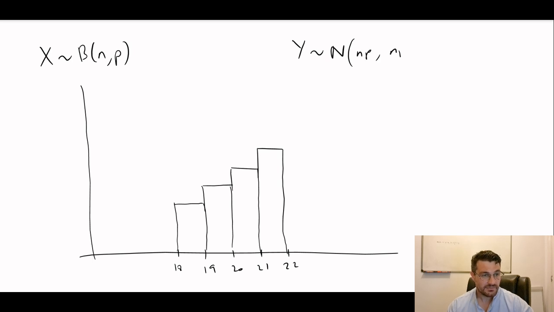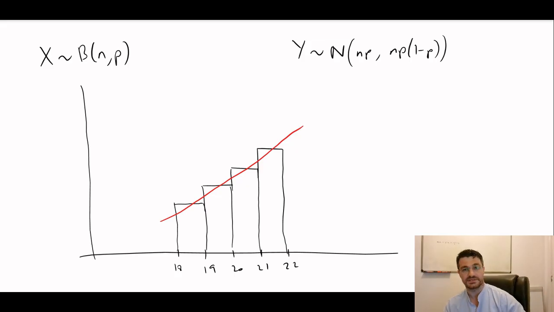np(1 minus p). Okay. And let's suppose that this normal distribution looks like this in comparison to the binomial. Actually, I'd rather it go through a little bit better, something like that. So we've zoomed right in. There might be a large value for n, so this is zoomed right in.